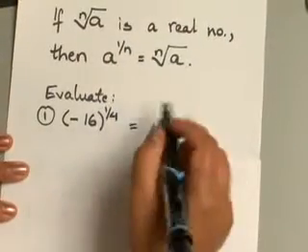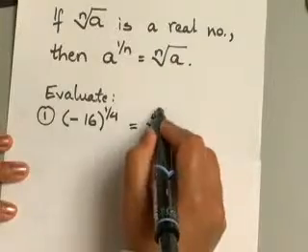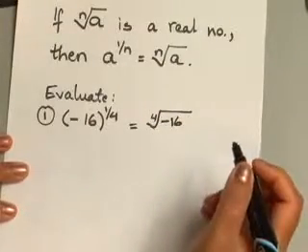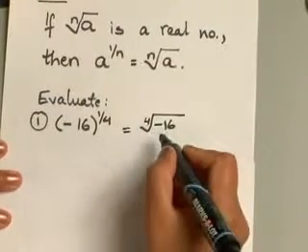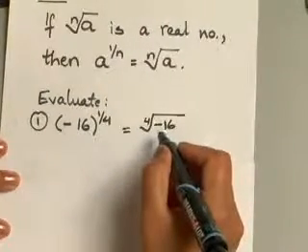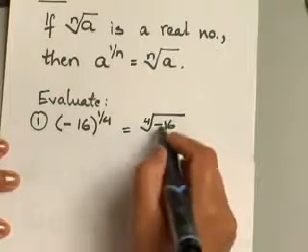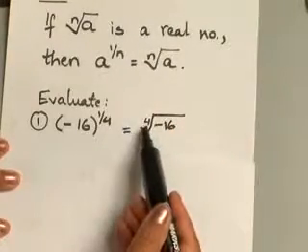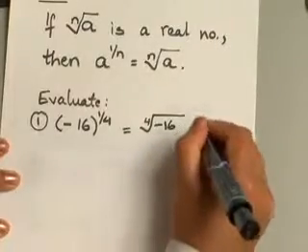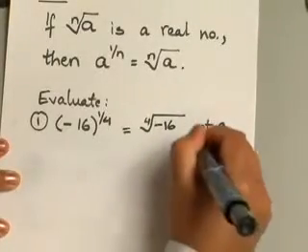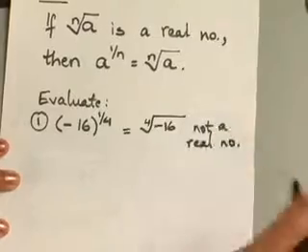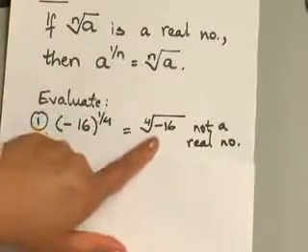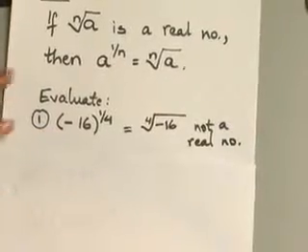So 1 over 4 will become the 4th root of whatever your base is, which happens to be negative 16. Now, if you remember from section 10.1, if you have a negative number inside an even radical, that is not a real number, because you cannot have a negative sign inside an even radical. So you cannot take it any further than this.